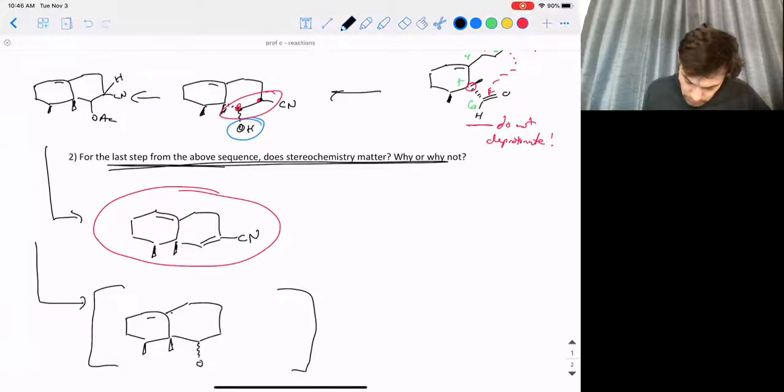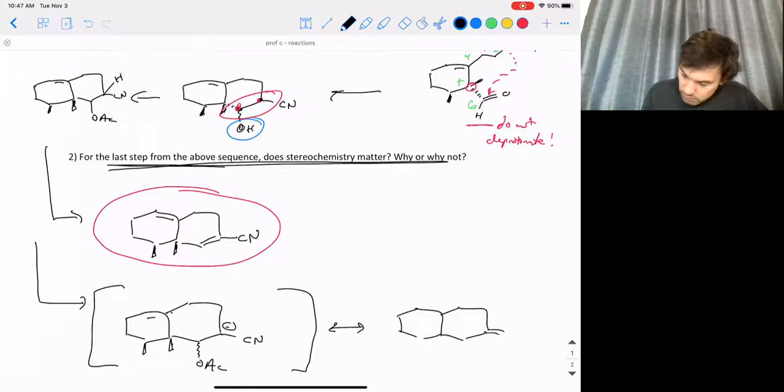And so it doesn't really matter. The squiggle here means that it could be both wedge or dash, and we don't know, and there's probably a mixture. But if we think about having a negative charge here with that nitrile, we then could imagine a resonance structure where we delocalize that negative charge into the nitrile and put it on the nitrogen.